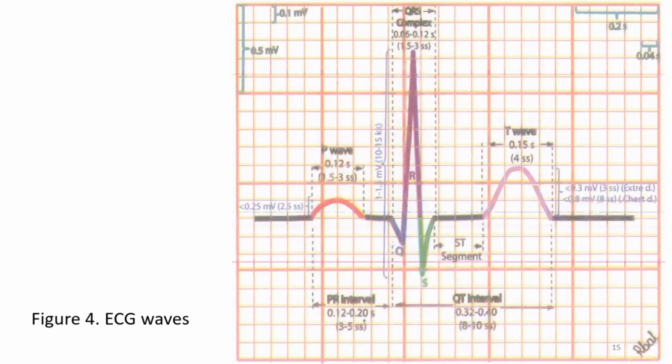When we are calculating the heart rate, we use these lines, okay? Between our squares, if we use large lines or bold lines, we divide 300 by how many bold lines between our lines.